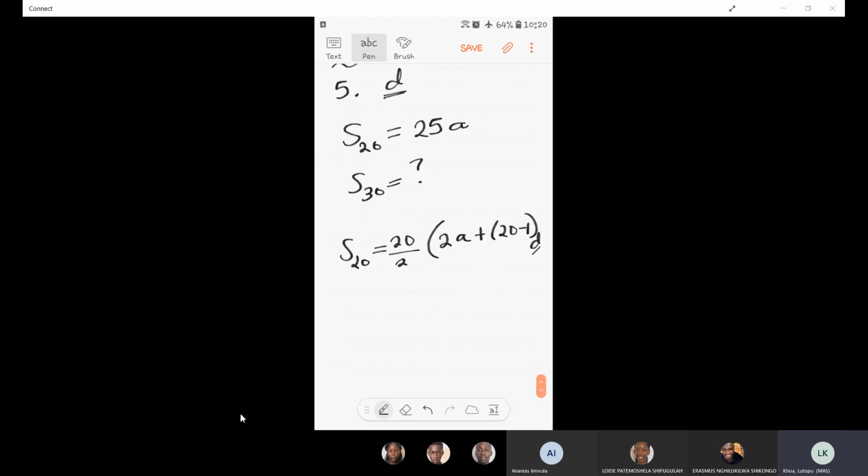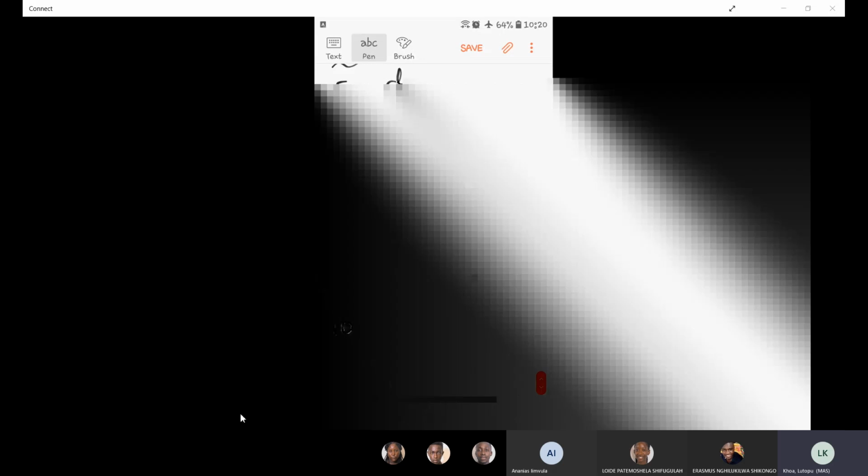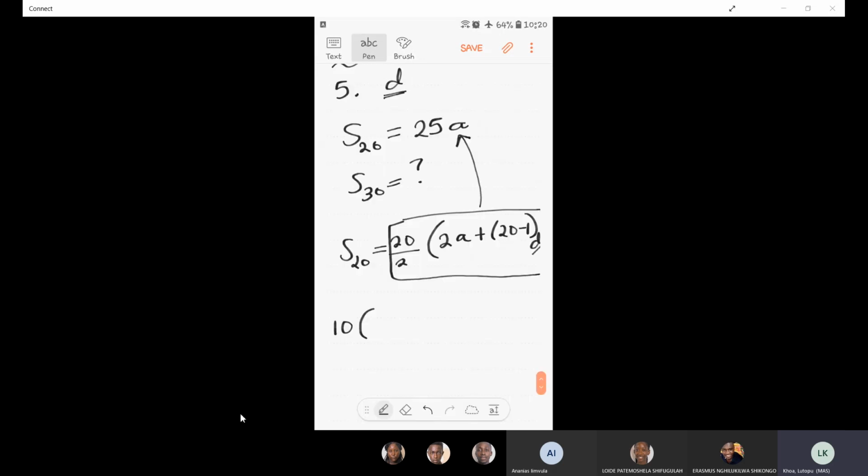Then we can simplify this, 20 divided by 2. So we're only concentrating on this part of the equation. But we also know it is equal to 25A. All right. So what we will do here is we have 10, that's 20 divided by 2. And then inside my brackets, I have 2A plus 19D, and this is equal to 25A.